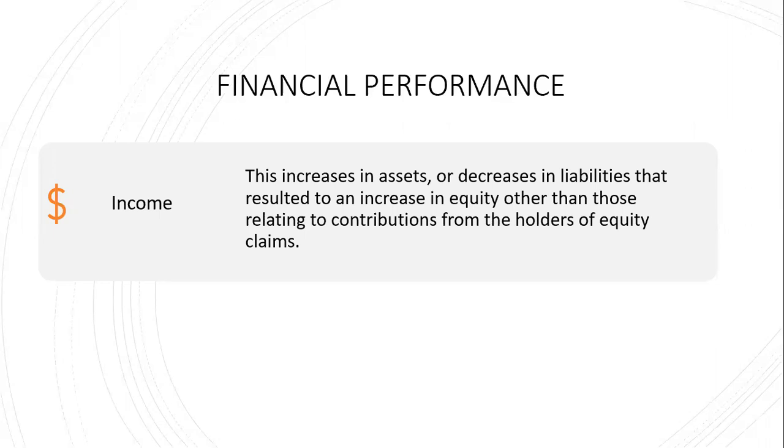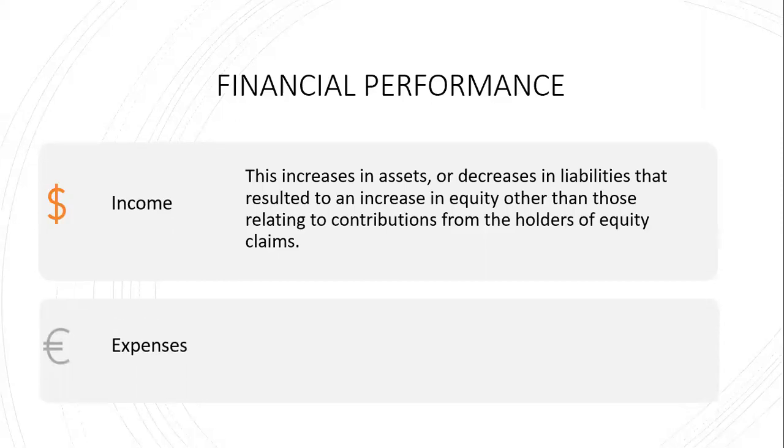But in this case, when we say income, it is what you earned for the particular year. It is because of the transactions or the services you rendered for that particular year. That is considered as income, because you earned it once you have rendered a service.